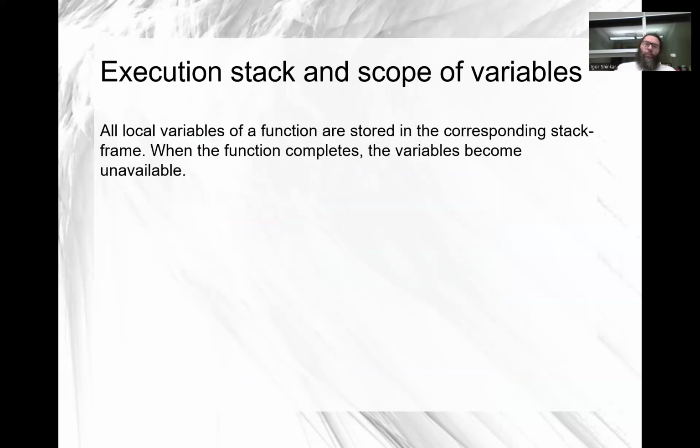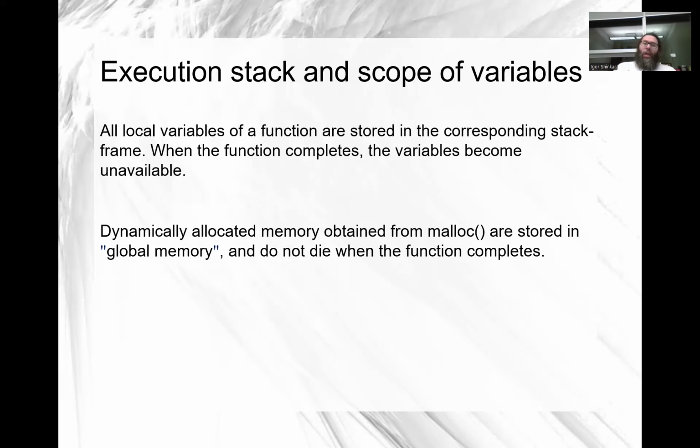Right. So here's the thing. All local variables of a function are stored in the stack frame, in the block corresponding to this function. And when the function completes, the variables go out of scope. And what happens to dynamically allocated memory?